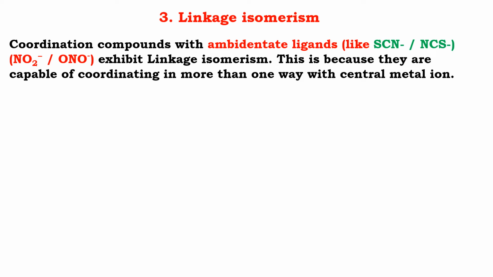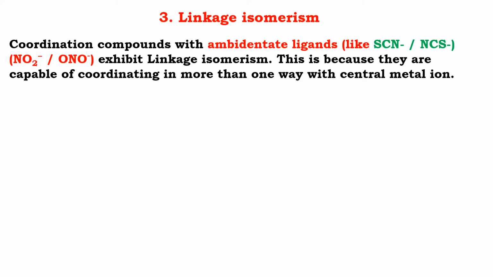Now, the third type of structural isomerism is linkage isomerism. Linkage isomerism is only exhibited by coordination compounds having amphidentate ligands. We know what amphidentate ligands are.